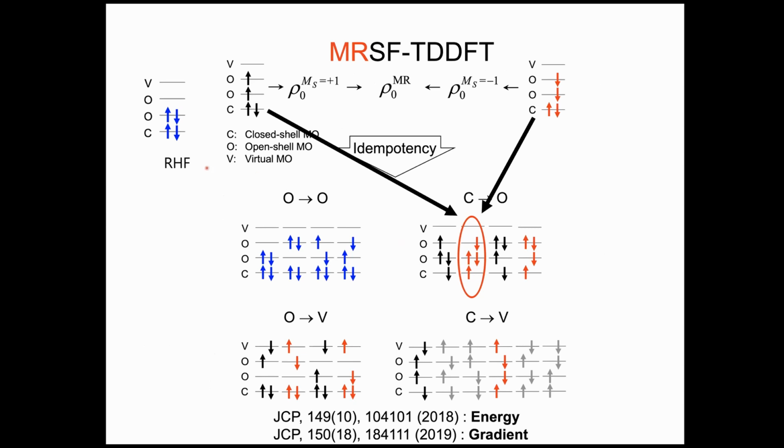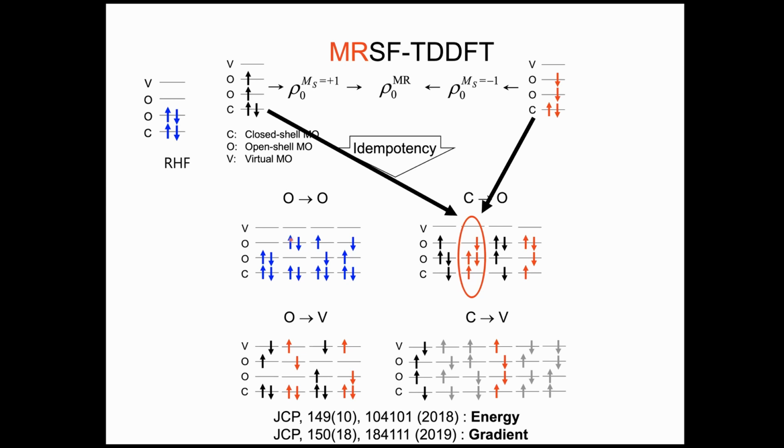The RHF is the reference of linear response TDDFT. This is what the linear response TDDFT uses as a reference, and from here you excite one electron. If you excite one electron, you cannot get, do you see my pointer here, the doubly excited configuration here. I'm pointing at the doubly excited configuration.